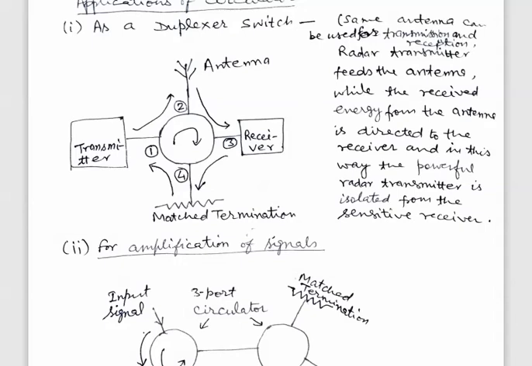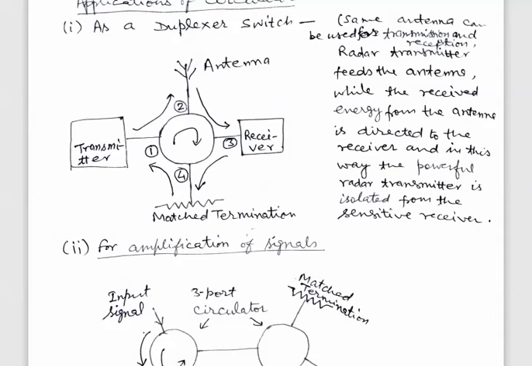So a 4-port circulator is used. At port 1, the radio transmitter is attached. Port number 2 is connected with the antenna. Port number 3 is attached with a receiver, and port number 4 is connected with a matched termination.